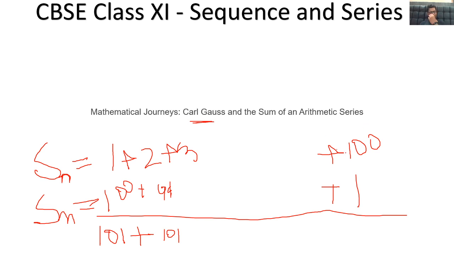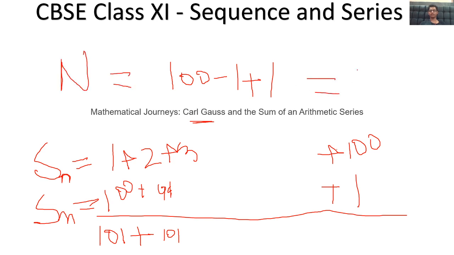Now we need to find the number of terms between 100 and 1. If we want to include both ends, we have 100 minus 1 plus 1, that is the number of terms. It's going to be 100.